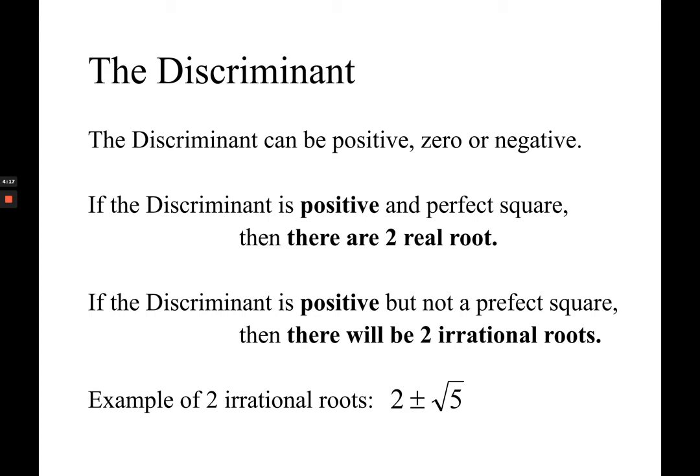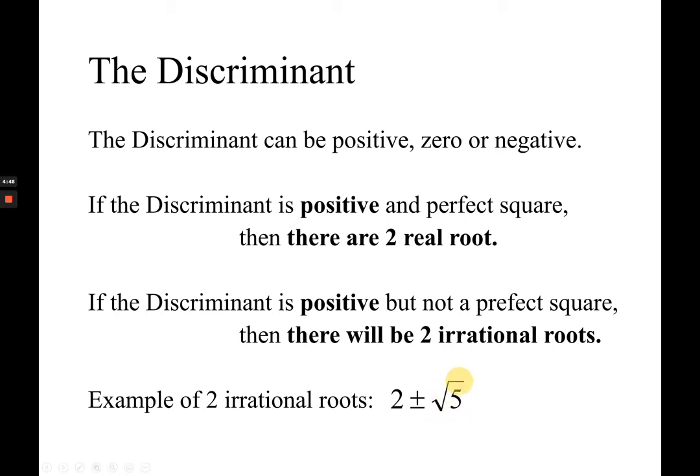In the case of two irrational roots, if the number inside, which is your discriminant, is a perfect square, like for example 4, 9, 36, it simplifies. If it is 5, then it does not simplify.